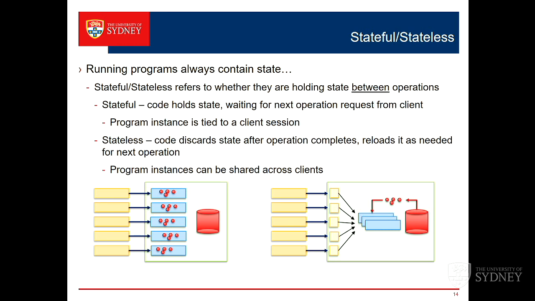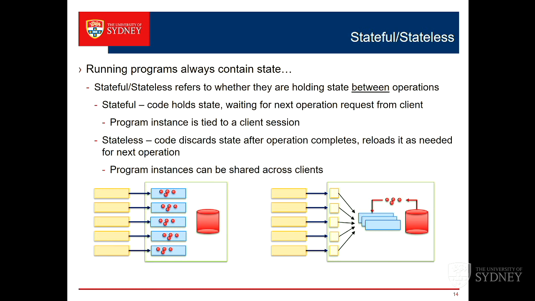So a stateful application is an ordinary one. A request comes into your copy of the application because it's got your state inside it, your session state, and it knows what you're up to because it's got local variables saying what you're up to. So it does your operation, sends back the response to your request and keeps all that state.